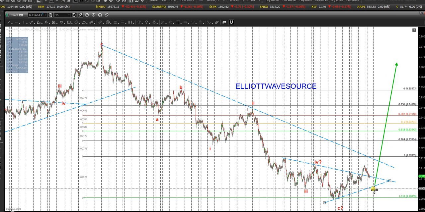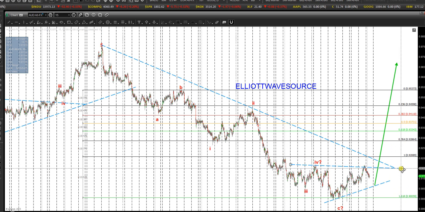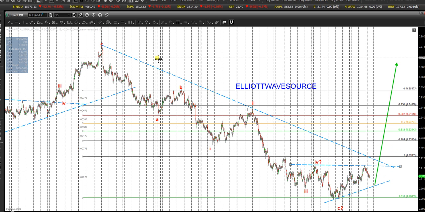So if we do see prices go that low and then take off, at that point it would need to break above this trend line, as then that would be the neckline. And once it breaks above that, it would also break above this other descending trend line. So once it breaks above about 91.8, that would just confirm that move even more, and prices should then take off from that point.